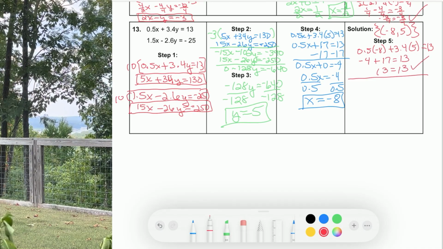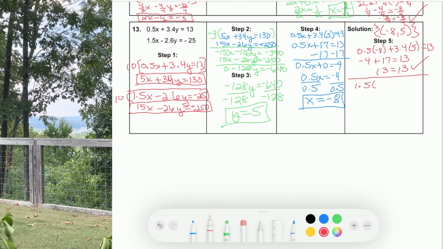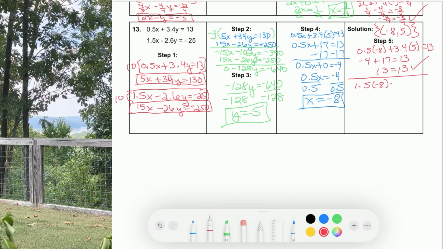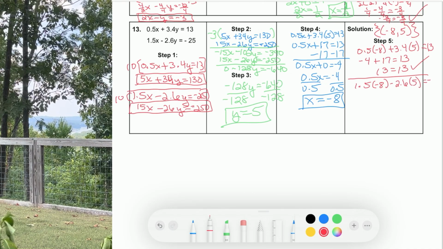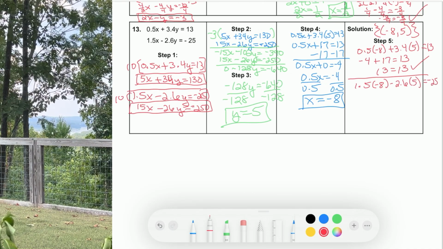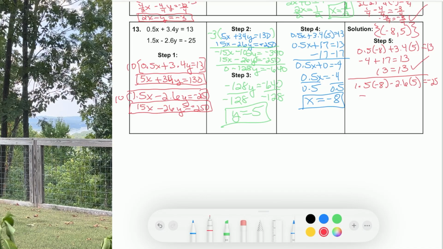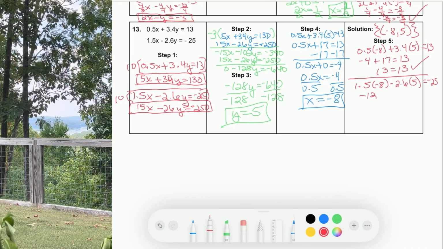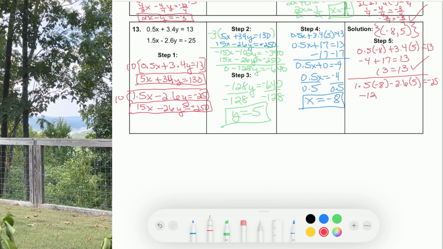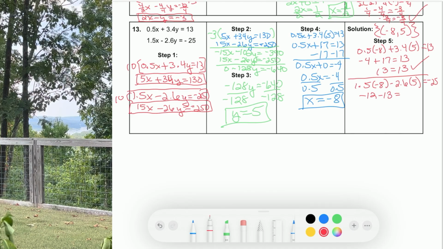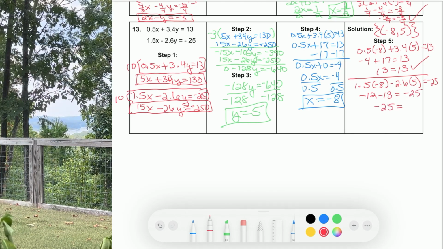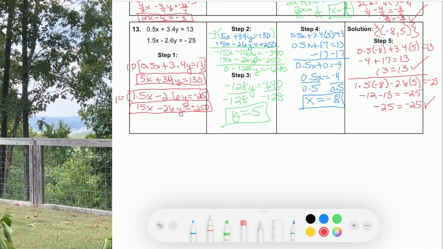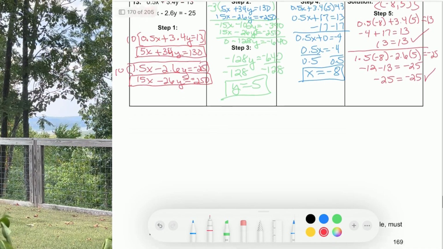Let's check the second one. 1.5 times negative 8 minus 2.6 times 5 equals negative 25. 1.5 times negative 8 is a negative 12. Negative 2.6 times 5 is a negative 13. And that gives us negative 25 equals negative 25. So we have, in fact, done our problem correctly.